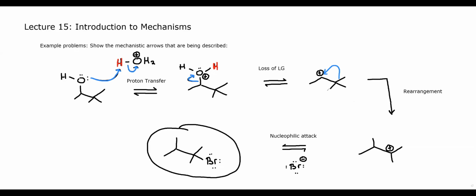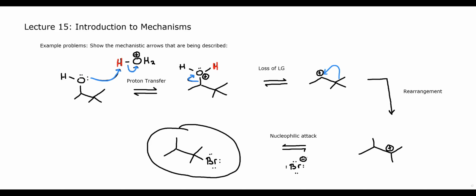If there was a hydrogen attached to one of these carbons, we could do a hydride shift. But in this case, it's a methyl shift because that's all we have on this blue carbon. We only have 3 methyl groups. So surely one of them must shift over. Okay, so this would be a 1,2 methyl shift where a methyl group jumps over to that carbocation, shifting that carbocation to the tertiary position. So that would be the arrow we draw there.